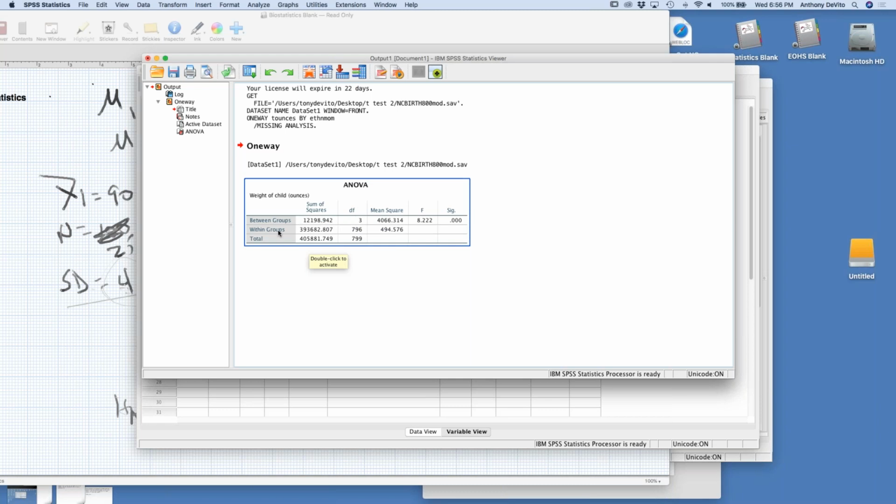Mean squares within the group: how variable, how different are the weights within each group, Hispanic and white individually within that group. That degrees of freedom is 796, which is 800 minus 4. The sum of squares within the groups divided by degrees of freedom gives the mean squares within the groups.